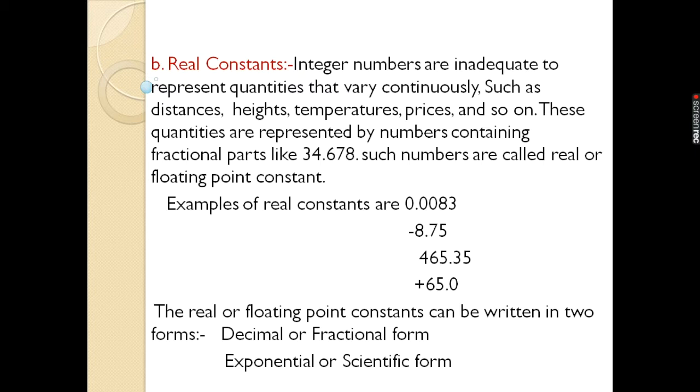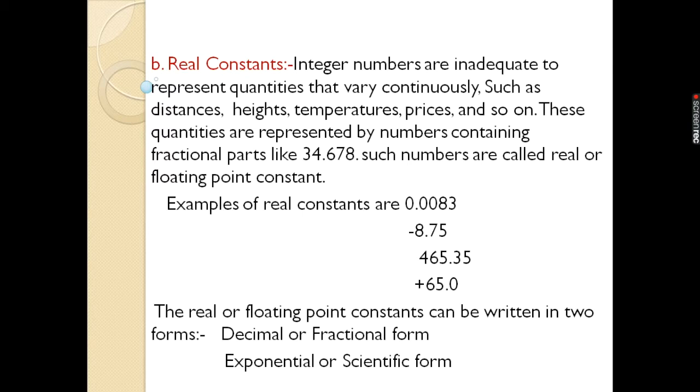Such numbers are called real or floating point numbers. As an example, temperature 98.4, height 5.6 inches and distance 6.5 meters. These examples consist of a decimal point and a fractional part.